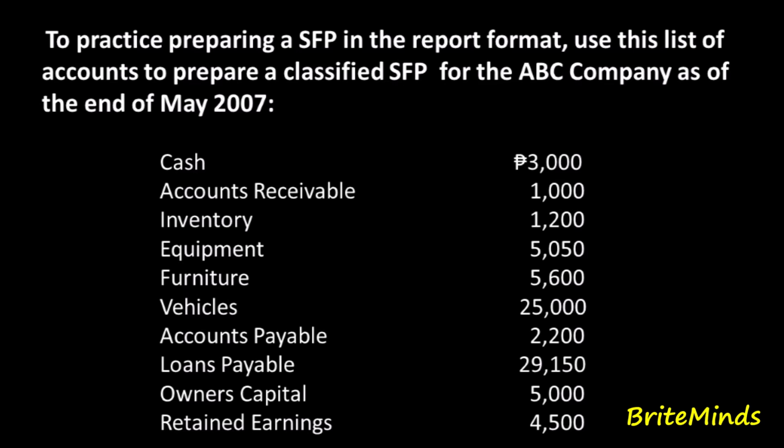Okay, so we can see the account titles here: cash 3,000 pesos, accounts receivable 1,000 pesos, inventory 1,200 pesos, equipment 5,050 pesos, furniture 5,600, vehicles 25,000 pesos, accounts payable 2,200 pesos, loan payable 29,150 pesos, owner's capital amounted to 5,000, and then the retained earnings amounted to 4,500 pesos.